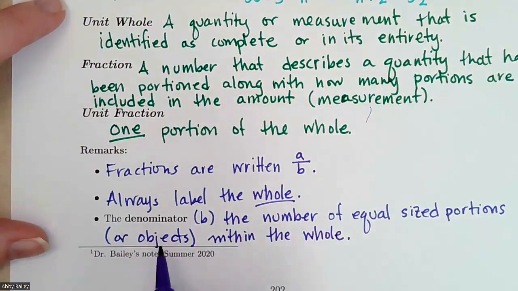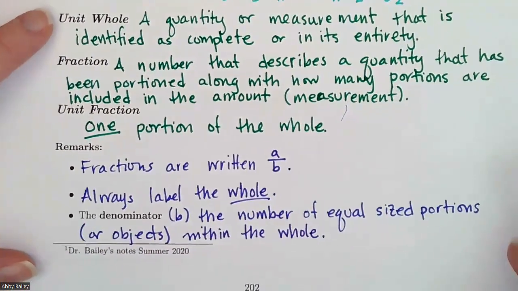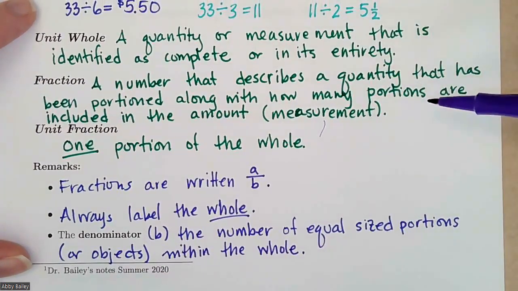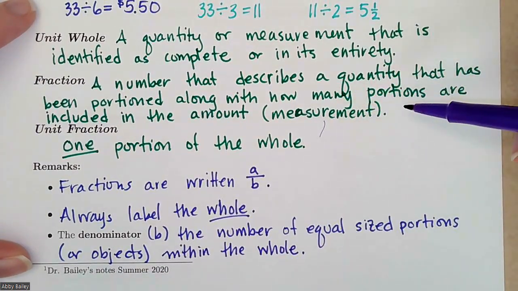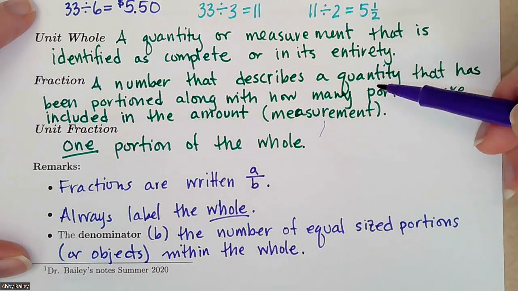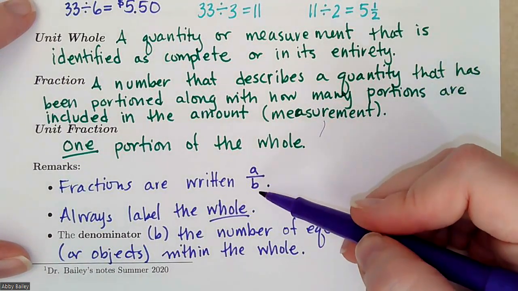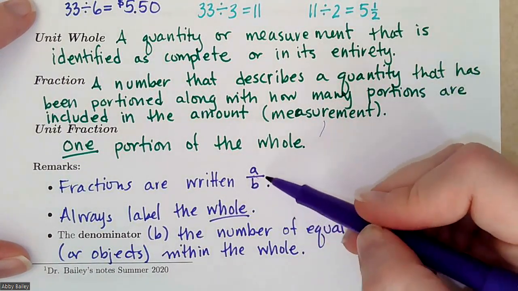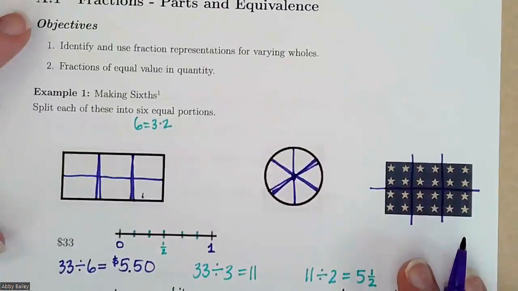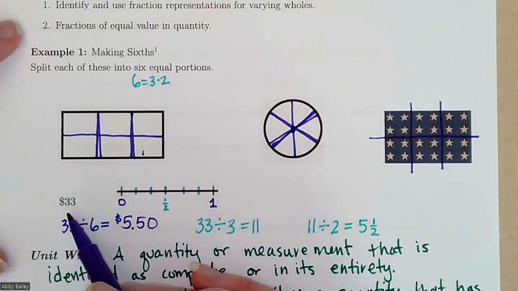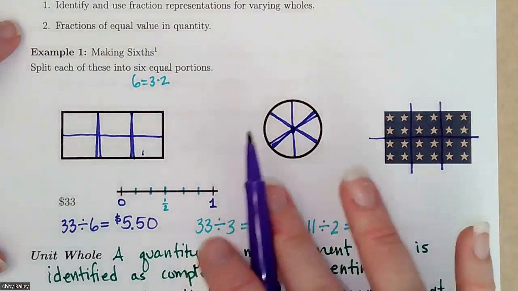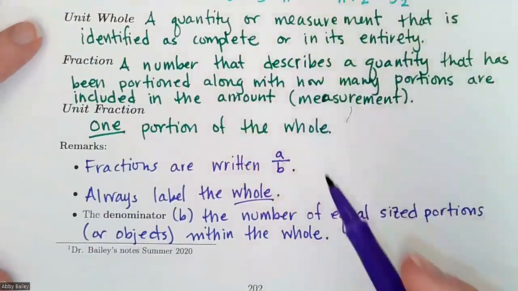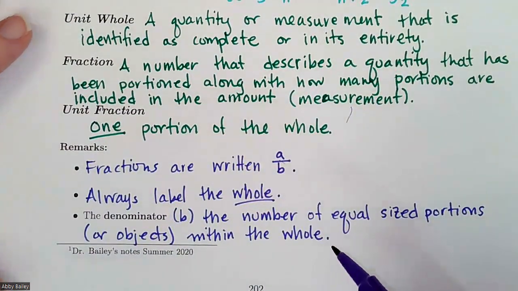I find this language a little bit confusing. When we're thinking about it in terms of equal size portions, I prefer that, because if we're going to write 1/6 or 2/6, this is how many portions, as opposed to how many dollars or how many stars. That's the whole. And the fraction is how many portions.